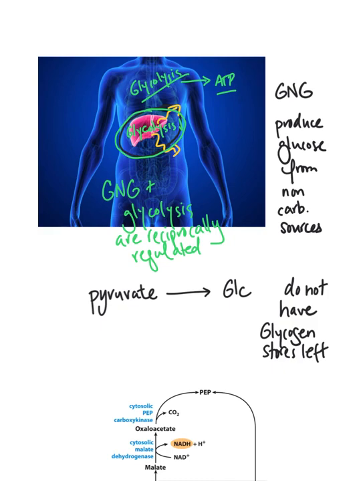Now the glycolysis will provide some ATP as pyruvate is made, and then the bulk of the ATP will be happening after pyruvate's fully oxidized, and the citric acid cycle and oxidative phosphorylation by the respiratory chain or the electron transport chain will get you much ATP.